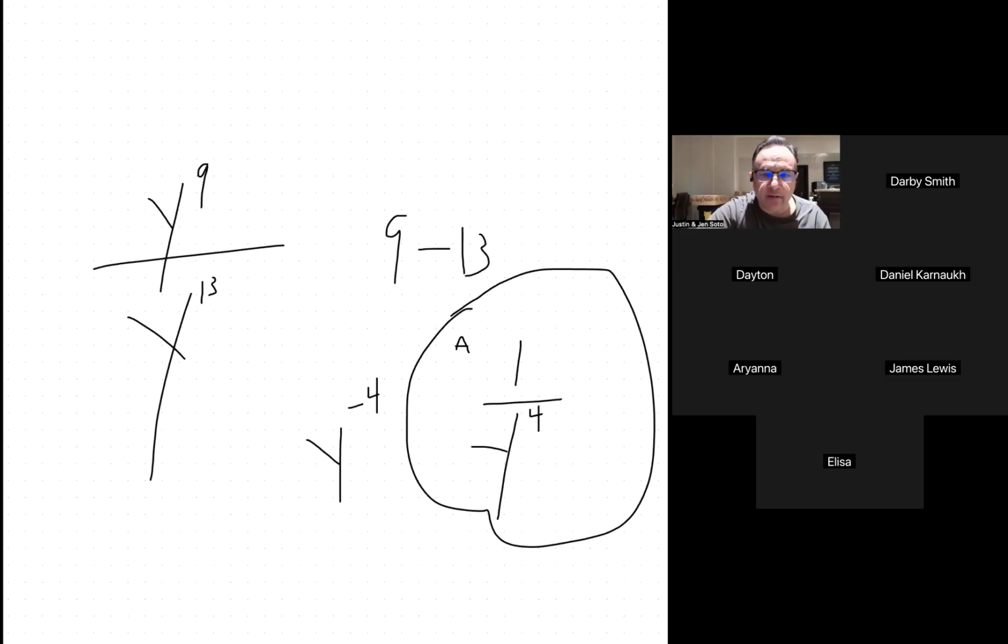All right, so we see what we got here. We have y to the 9th over y to the 13th. Just subtract 9 from 13, you get a negative 4. Since you can't have a negative exponent, you just rewrite it. 1 over, because it's a reciprocal, right? Everything's over 1. You invert it. The 1 becomes a numerator. y to the 4th power. All righty.